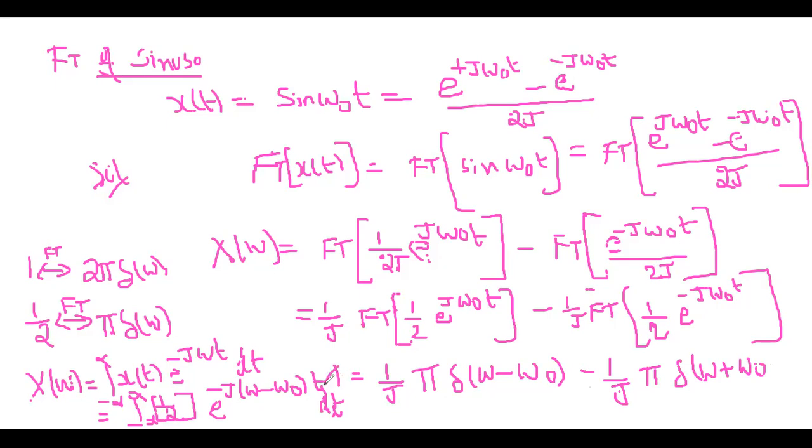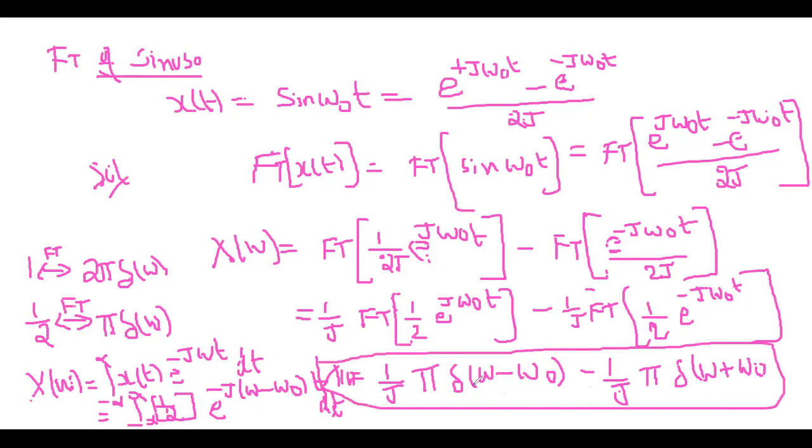So x of omega, the Fourier transformation of the sinusoidal function, is pi into delta omega minus omega naught minus pi into delta omega plus omega naught, whole divided by j. Okay, my dear students. This is by using the Fourier transformation of 1 or the Fourier transformation of 1 by 2.